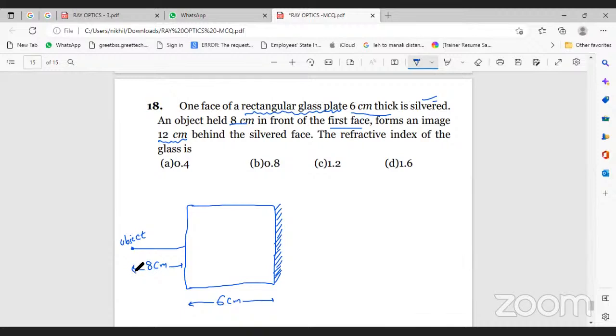For this object, where is the image going to be formed? They have given that it is formed 12 centimeter behind the silver face, on the other side. Shall I write that somewhere here?